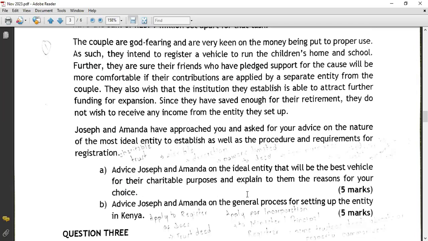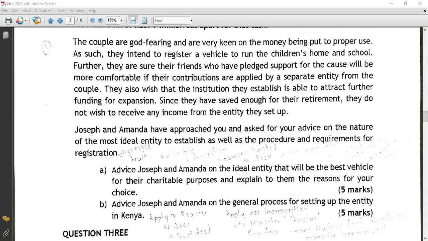Then the third thing is ownership of property. If you register a trust, you'll be able to have that company own its own property under its own name, as opposed to having Joseph and Amanda as the owners, and therein create a separation of interest.